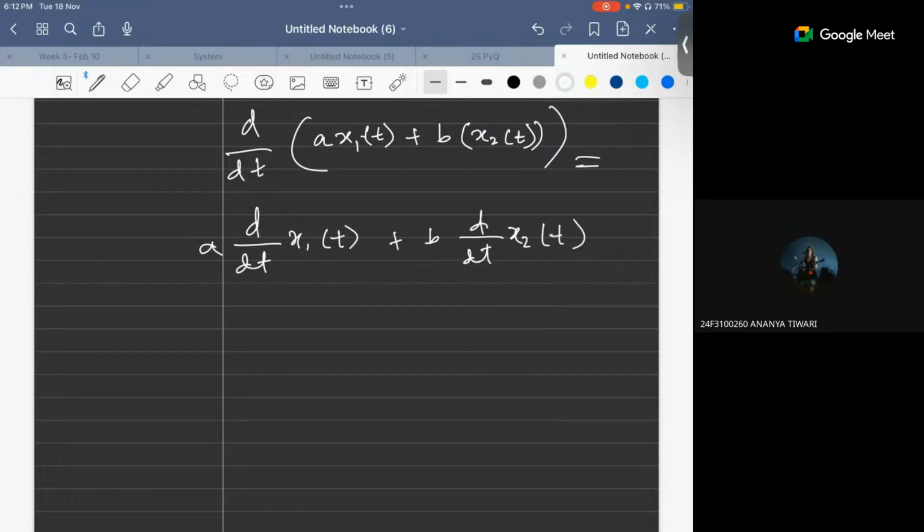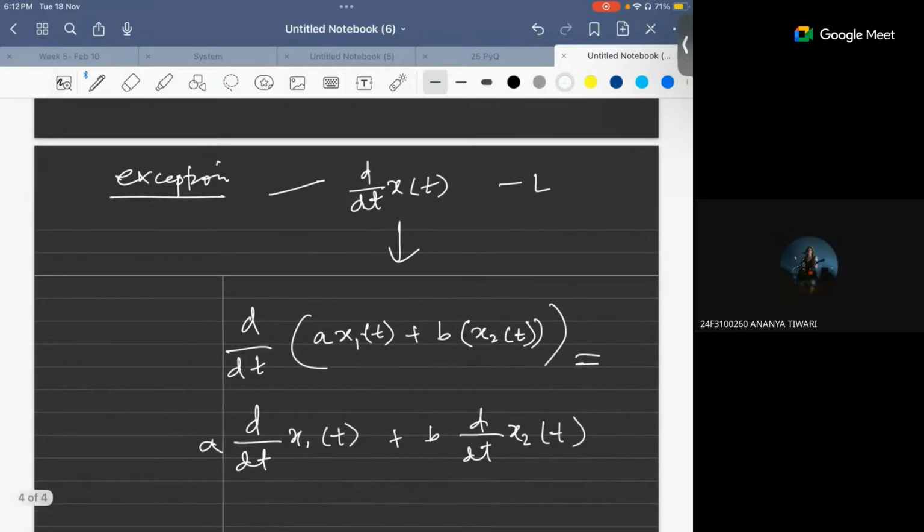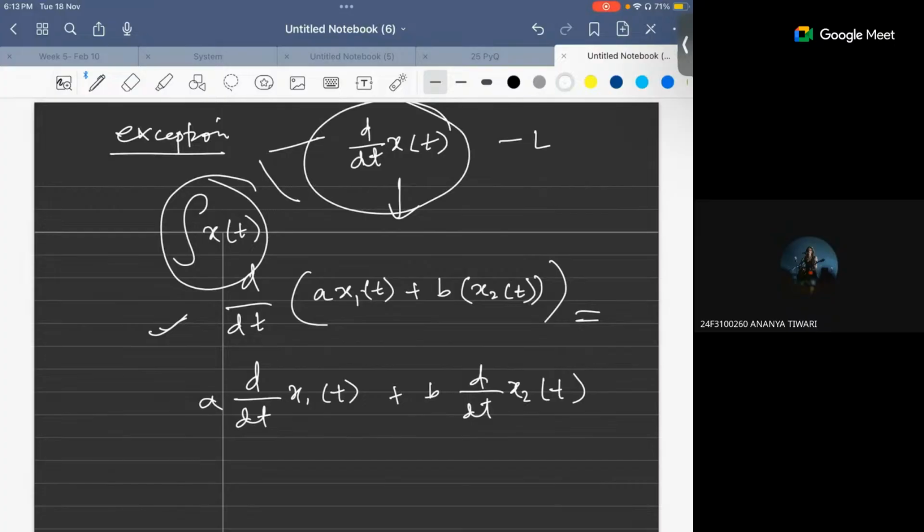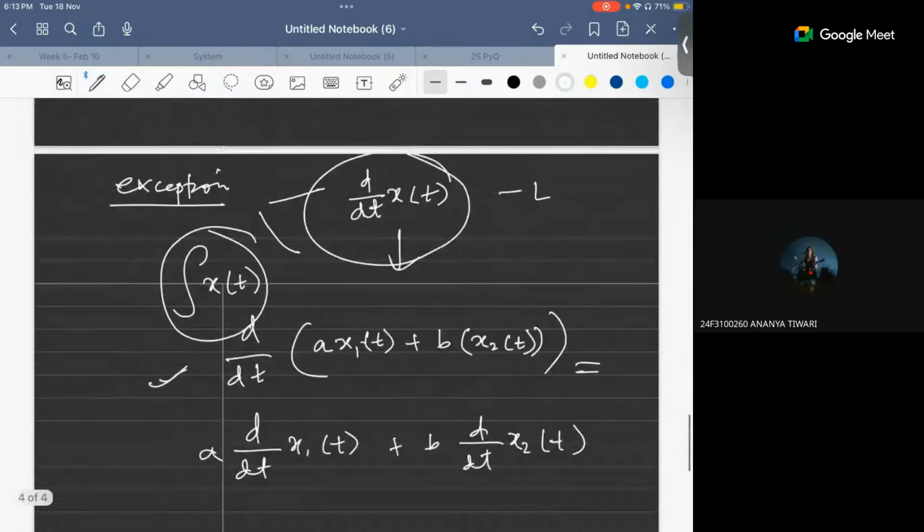So both are equal, so this follows additivity and homogeneity. So this is linear. The second exception is integration. Here also the homogeneity and the additivity follow. That's why the integrator and the differentiator are always linear. Clear? There are only two exceptions.